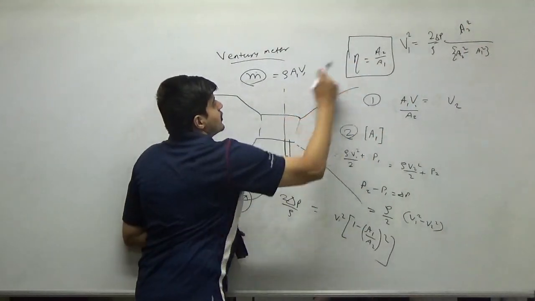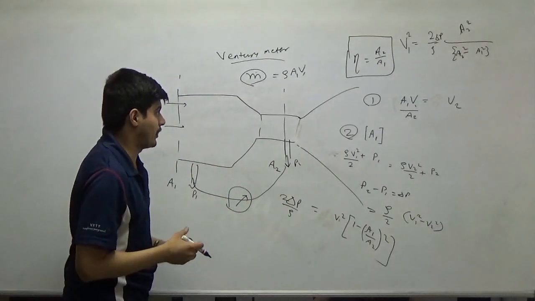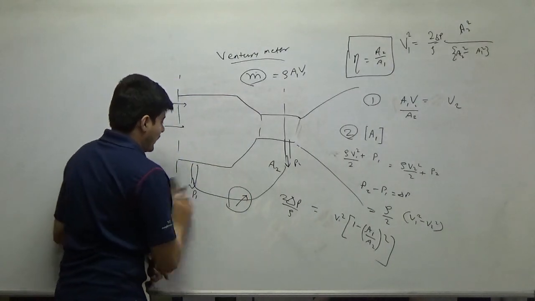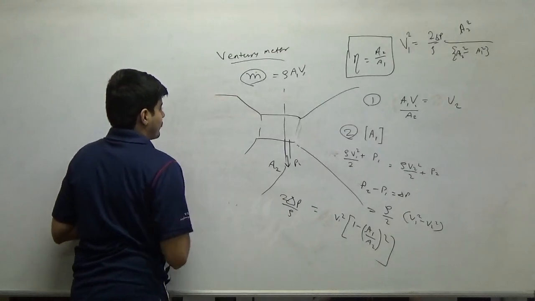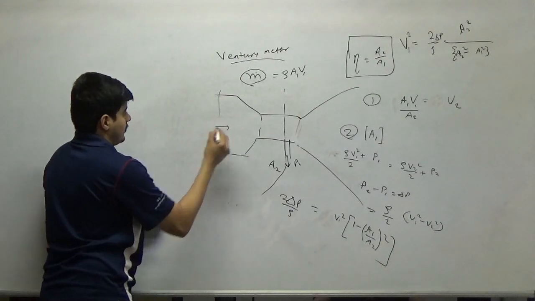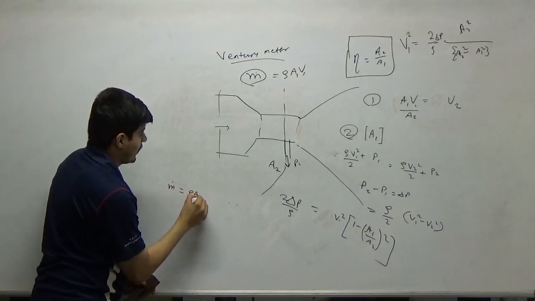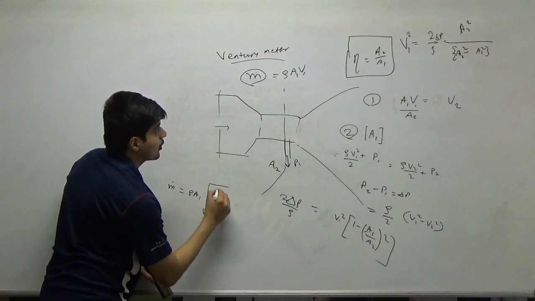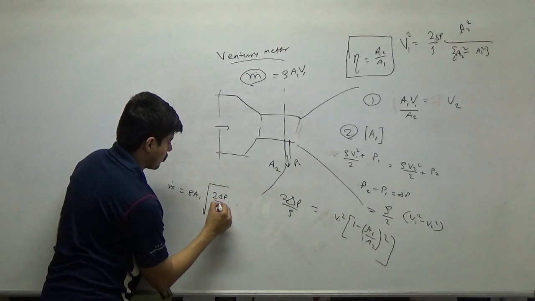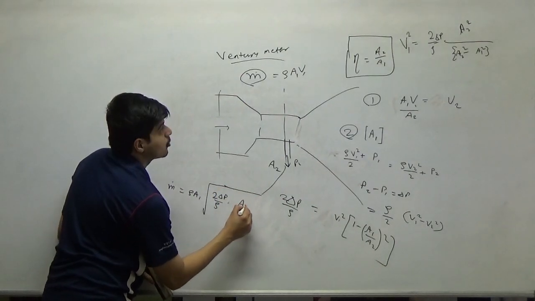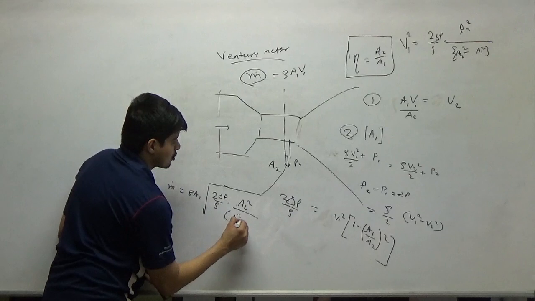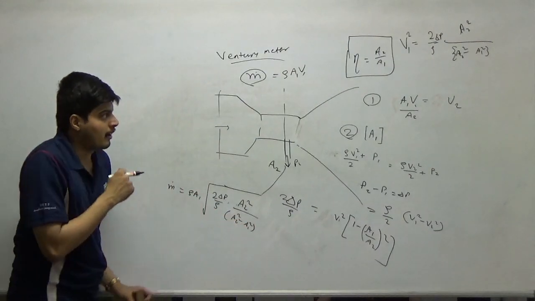Now I can substitute this V1 in the rho A V equation, right? What will I get? I will simply get m dot equal to rho A1 into the square root of 2 delta P by rho, A2 square upon (A2 square minus A1 square).